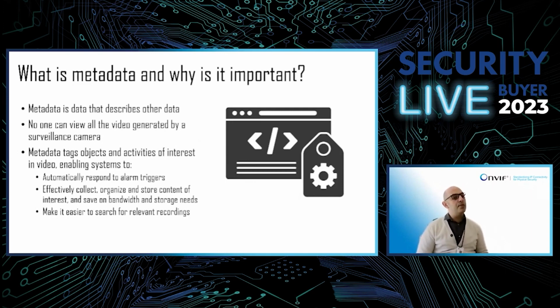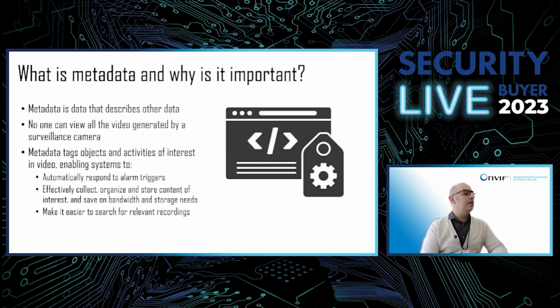In video management systems that we have today, a lot of video is generated. There is no way a person could watch all the videos. So it's important for us to focus on important videos, videos that really show that something happened and something of interest.